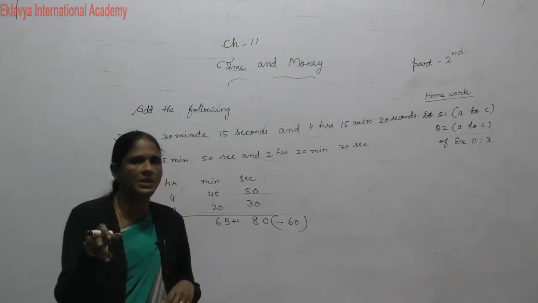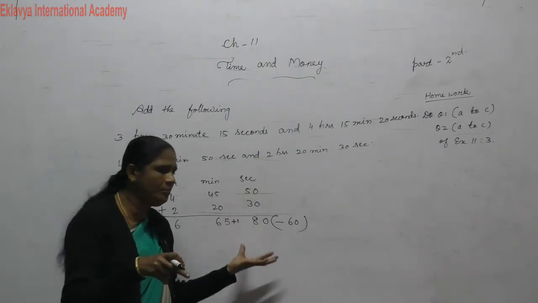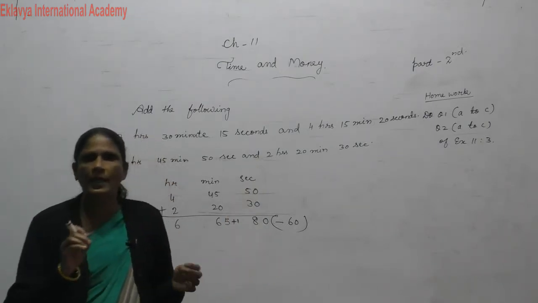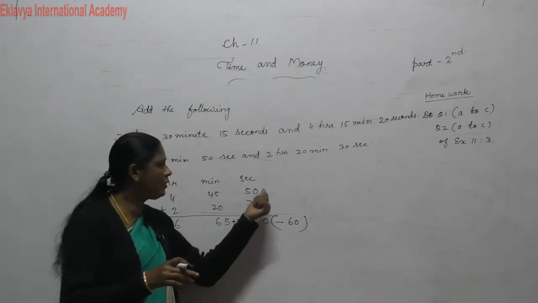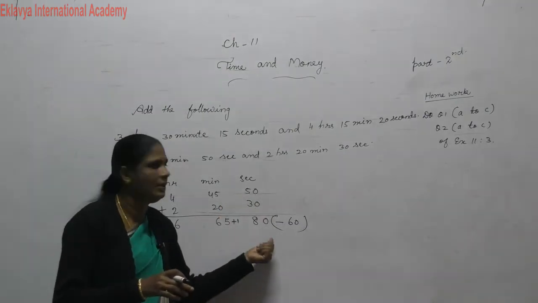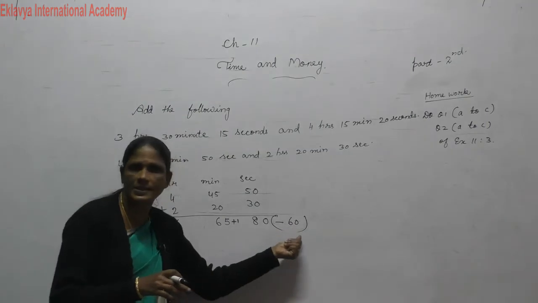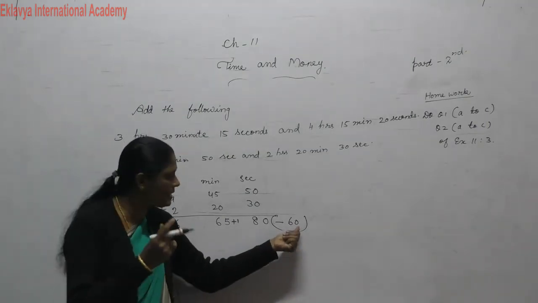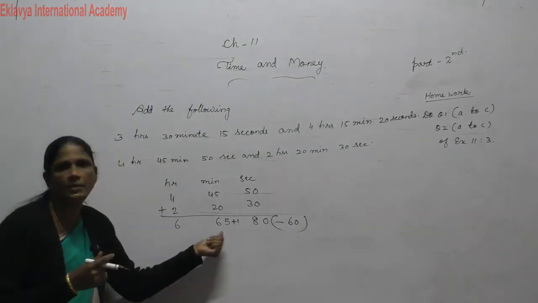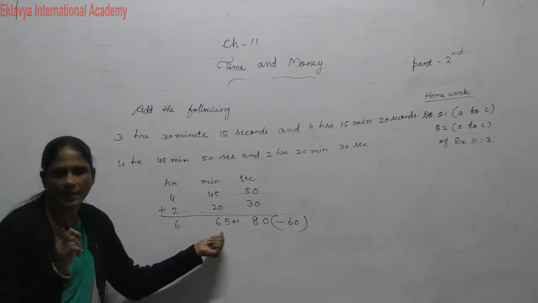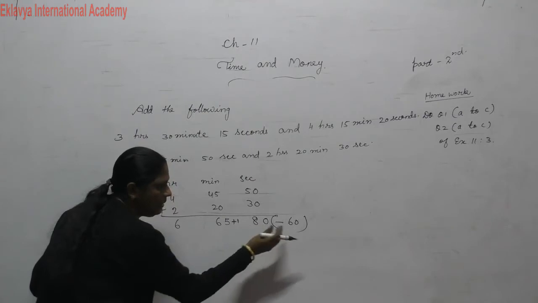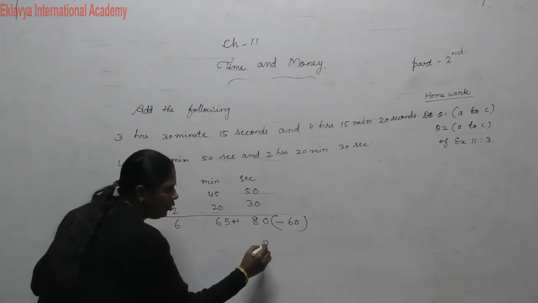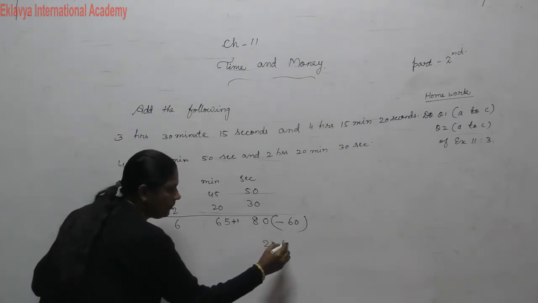Above 60 in the second and minute columns, you subtract 60. Then 1 minute is equal to 60 seconds. Therefore, we subtract 60. This 1 minute we add in the minute column. Then our answer here is 80 minus 60, 20 seconds.